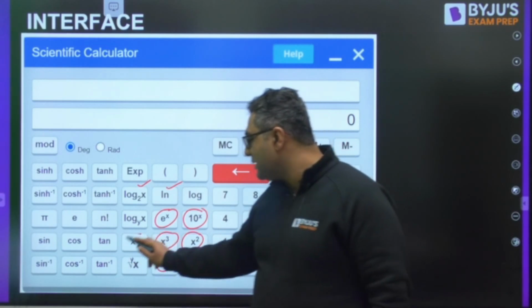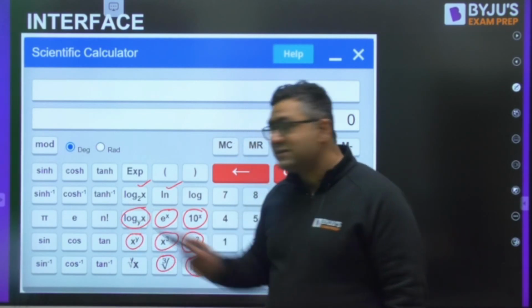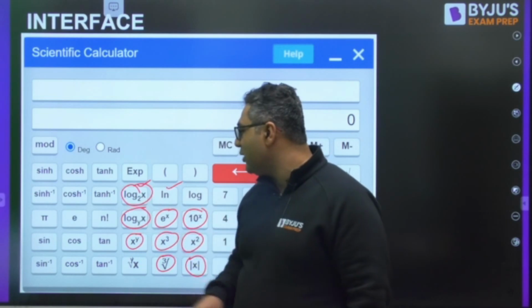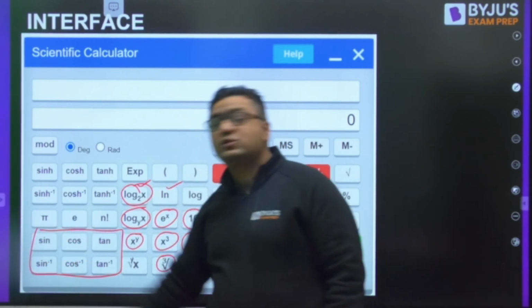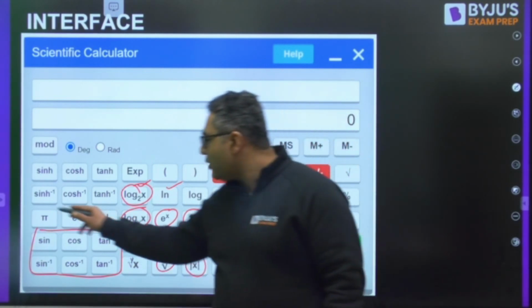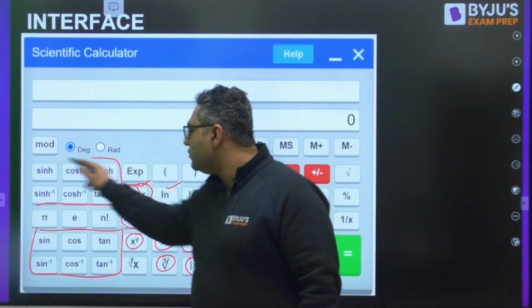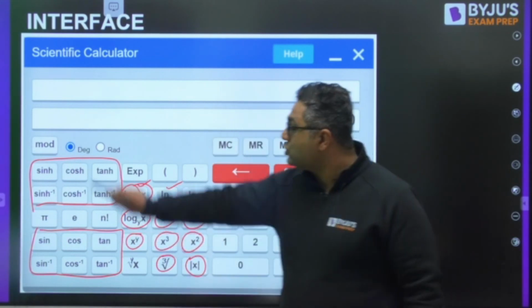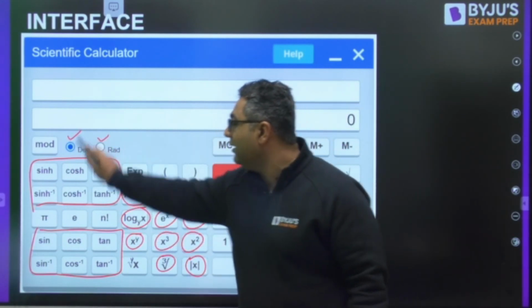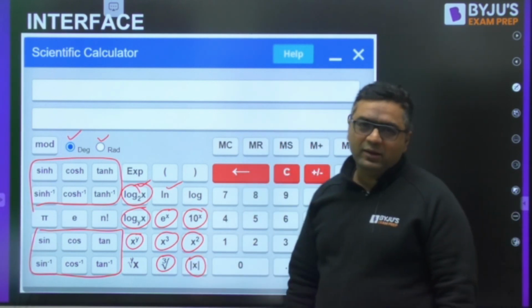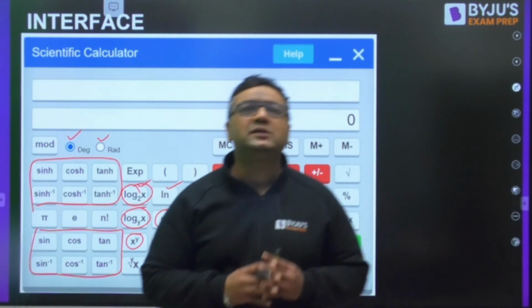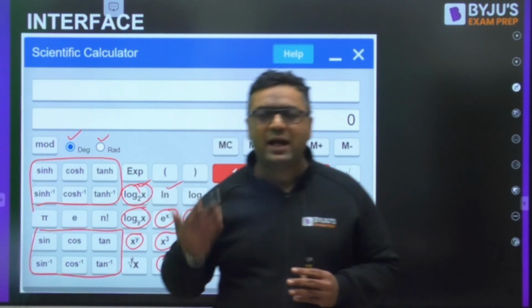Then we have x to the power y, log y base x, log 2 base x, and the trigonometric functions sine, cos, tangent, sine inverse, cos inverse, tan inverse. You also have the hyperbolic functions, and radians and degree modes.